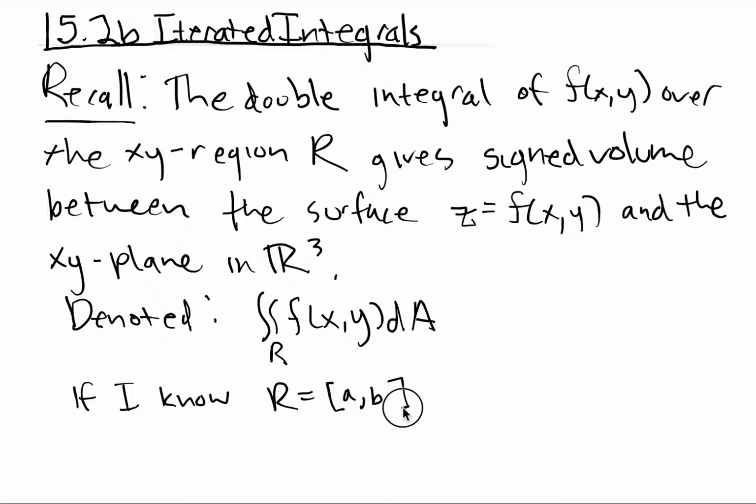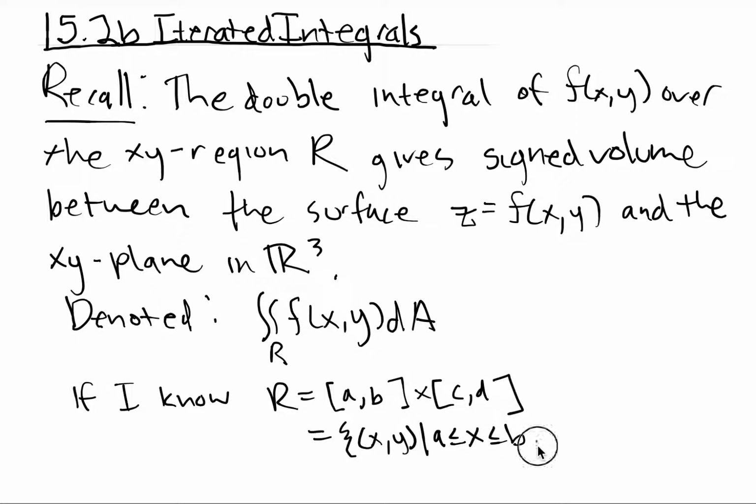Either I could give you a cross section of my x coordinates and my y coordinates, or, if I wanted to spell it out slightly differently, I could specify all points where x was stuck between some a and b value, and y was stuck between some c and d value. Both of these notations refer to the same exact rectangle. I'm specifying some interval of x values and some interval of y values, on which I form a general rectangle.